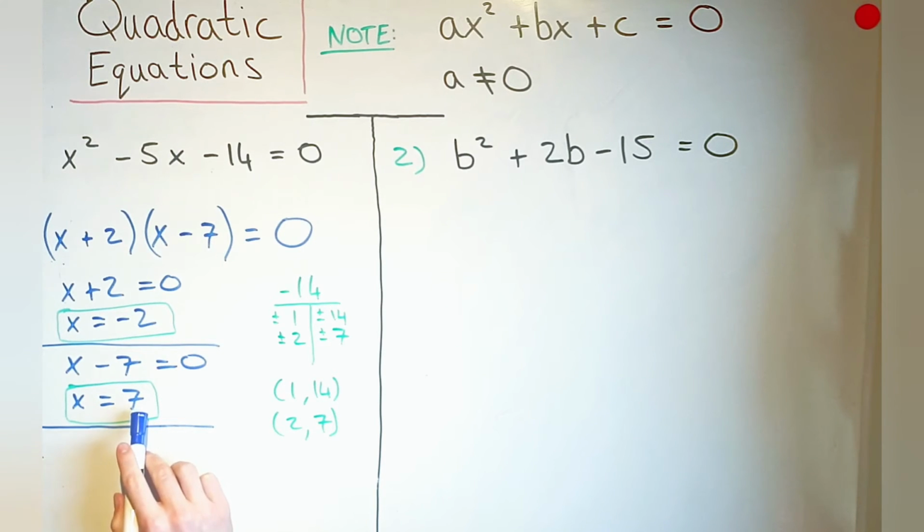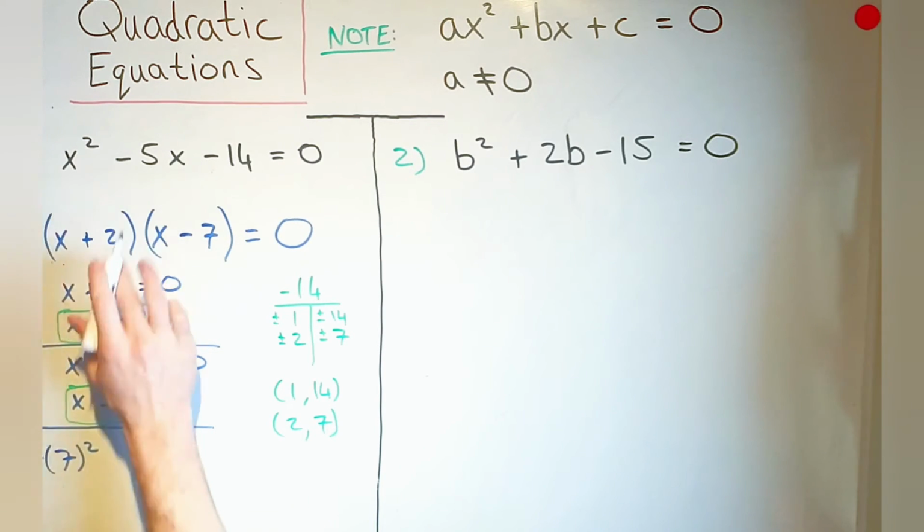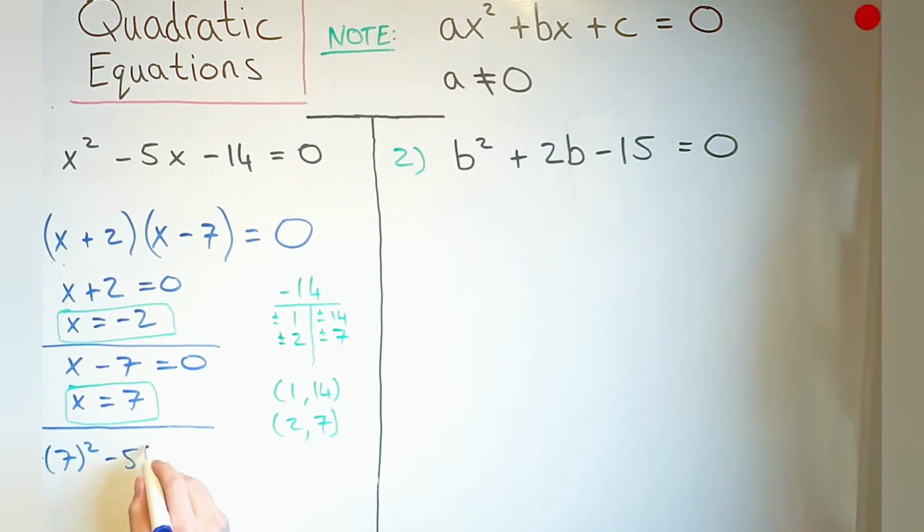So again, inserting this x value into the original equation, we're going to get 7 squared minus 5 by 7 minus 14 equals 0. So this is going to equal 49. This is going to equal minus 35.